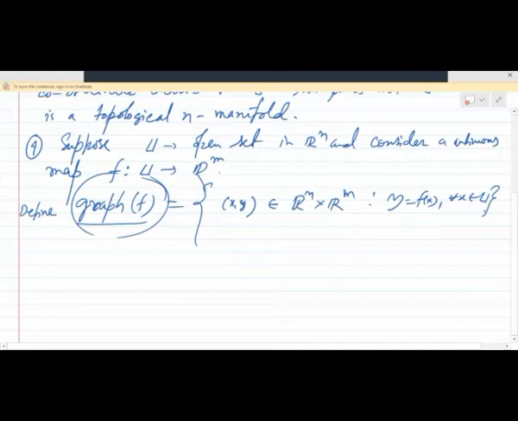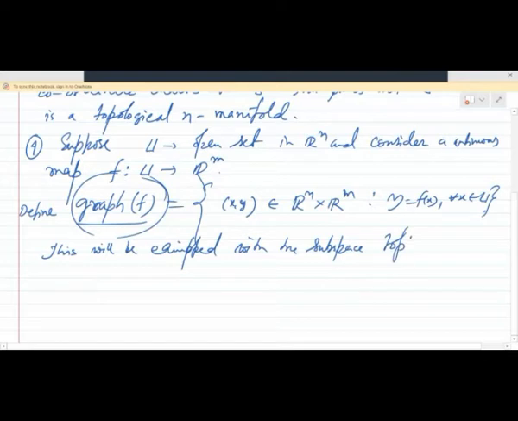So this will be equipped with the subspace topology of R n plus m.